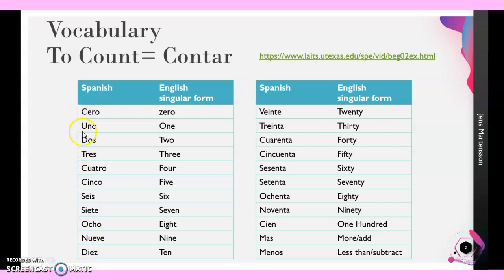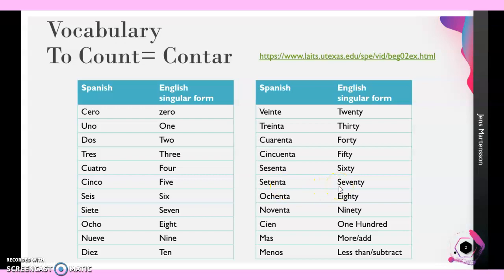This is 0 to 10, and you've got the English version here, and then we're going to jump straight into 20, 30, 40, 50, 60, and so on. 20, 30, 40, 50, 60, 70.